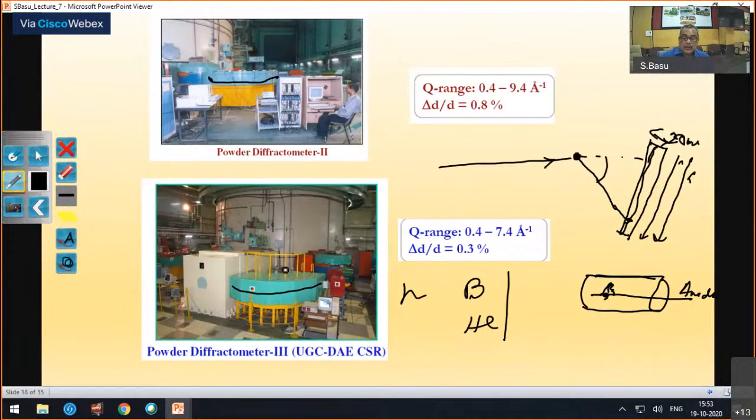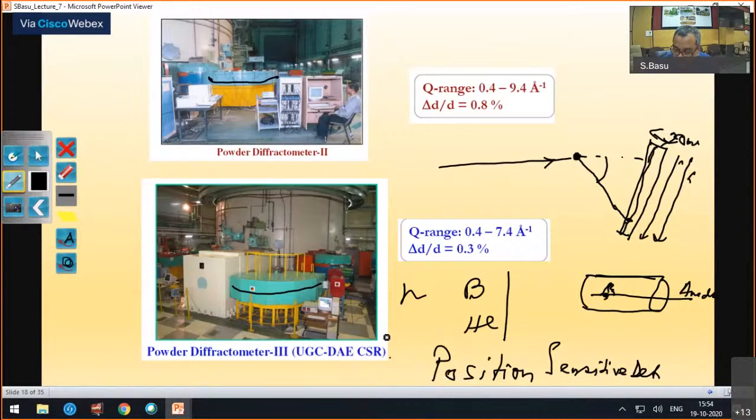That saves a lot of time, and allows you to use relatively smaller samples. Sometimes it can also allow you to study something happening in situ. These position sensitive detectors, or PSDs, have come in the last 20 to 25 years, and they are a big help in getting diffraction data.